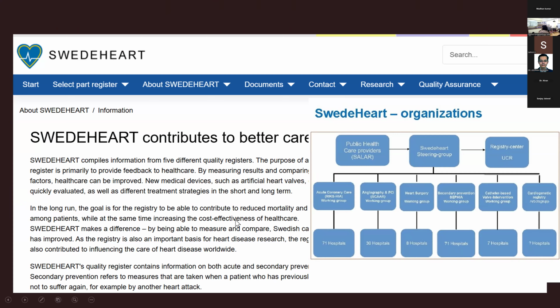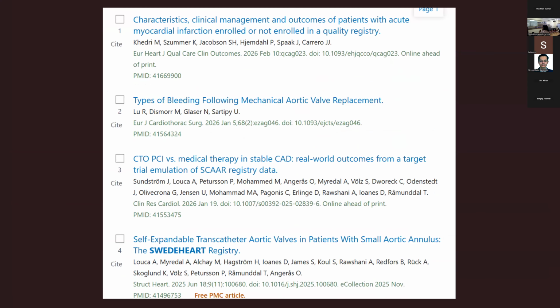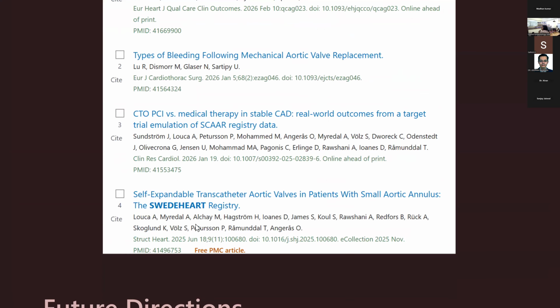Before doing a procedure, they ask for verbal consent and randomize the patient to either of the arms. As everything is linked to their electronic health record, they could easily retrieve the data and finally publish the trials. This registry has published around 395 trials when you do a PubMed search.